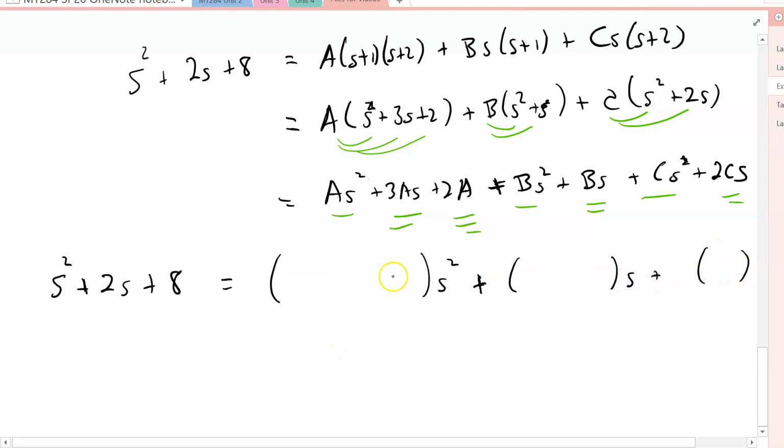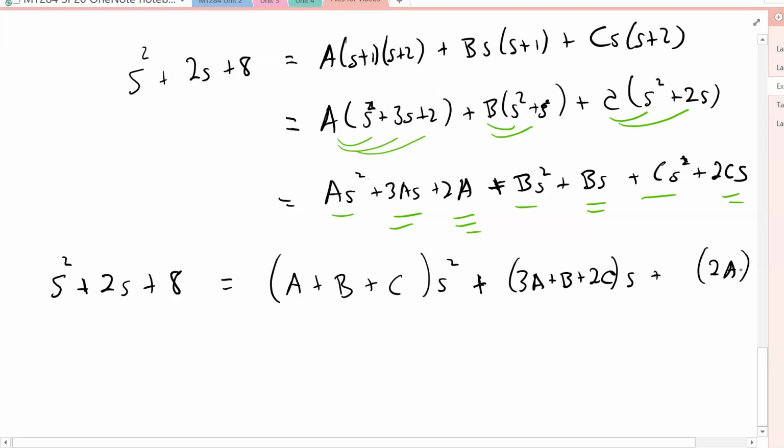Now what are the coefficients of s squared? Well, it's a plus b plus c. If we factor out the s, the coefficient of s would be 3a plus b plus 2c, and the constant term is 2a.